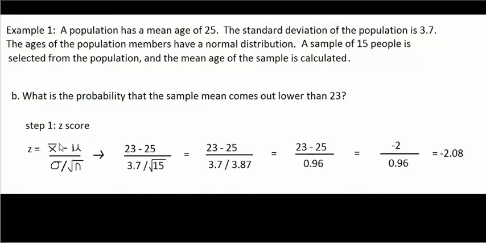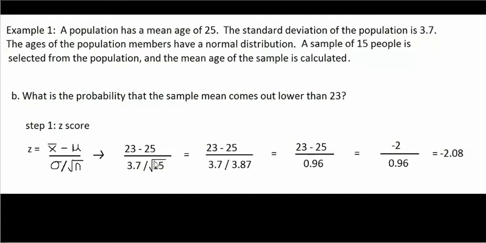Just like before, the mean goes here, the mean of the population, which the problem tells us is 25. So on top, it's 23 minus 25. We have our standard deviation of the population, the sigma, which is provided, 3.7, and our n, well, 15 people are being selected, sample size of 15. Now we have everything in here.